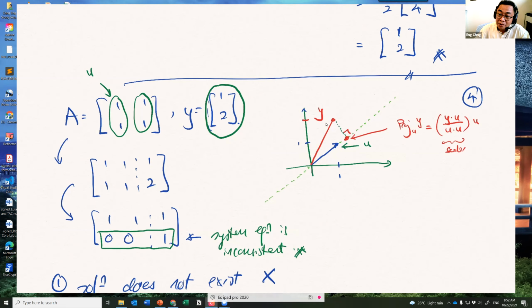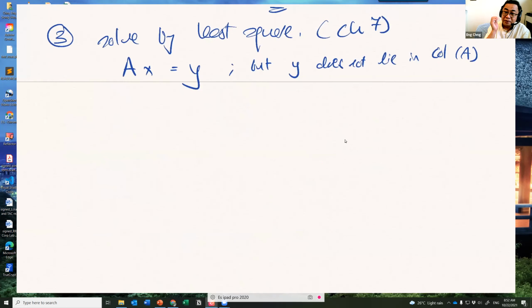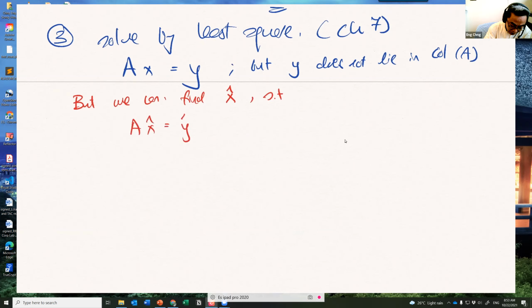It is because the desired vector is not in the span of the column space of A. But we can find an x hat such that A x hat equals y hat, and y minus y hat equals the error vector.